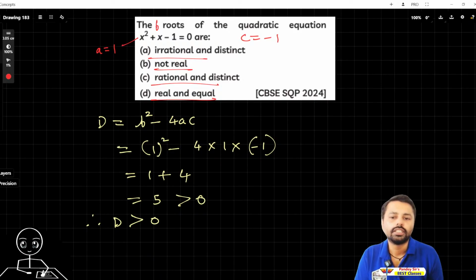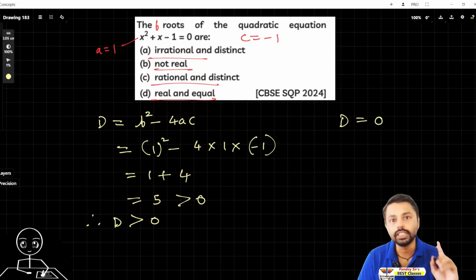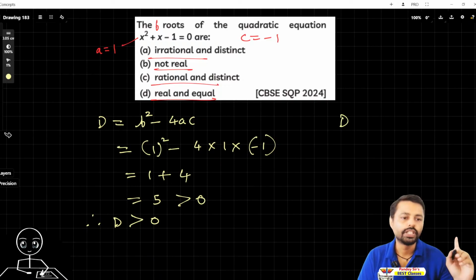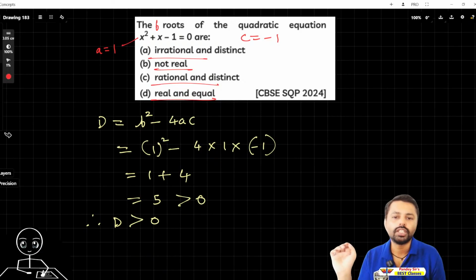Is there real and, no, wait a minute, not equal, distinct roots. If d equal to 0, then equal roots or only one root, but d is bigger than 0, so it will be two distinct roots, real and distinct. So where is real and distinct? Here, real and equal, but it's not equal, it's distinct.